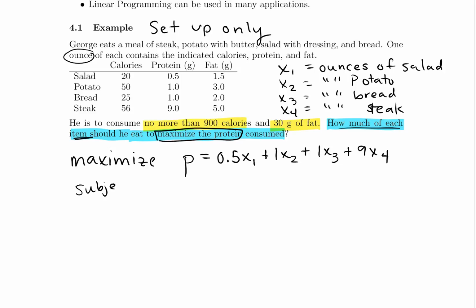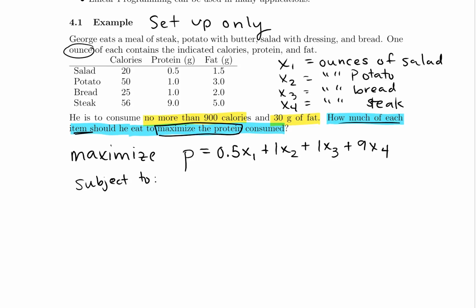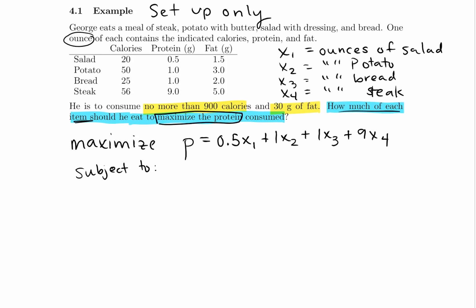So subject to, and then now we need to come up with the calorie constraints and the fat constraints, because that's what we were limited in the problem. So let's go ahead and do calories first. To do the protein equation, we basically took this protein column, right? And that became all of our coefficients. So if we want to do calories, we're essentially going to do the same thing with our calorie column.